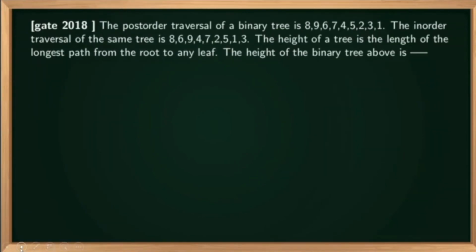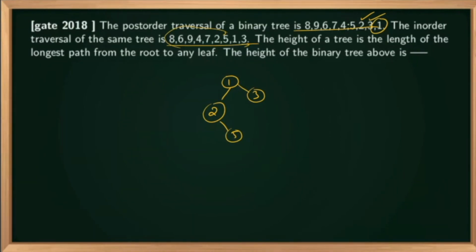It's given you have a post-order traversal as well as in-order traversal, right? So you know that in post-order traversal, the last one will be the root, so 1. And if you see, the right side is 3 and the left side is the remaining things. So if again you come to the post-order, you can leave this 3 because we have only 3 in the right side. Then 2 is the root. If you see, right side is 5, and remaining elements are on the left side, right?